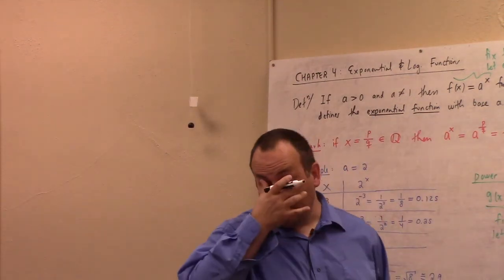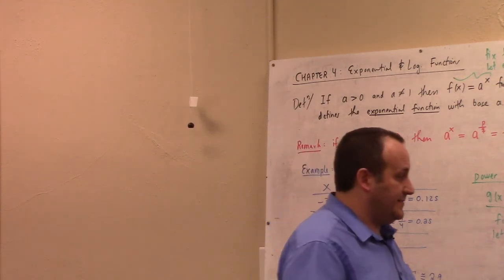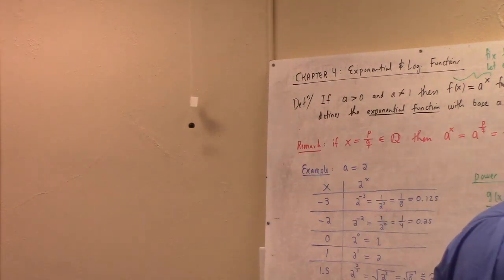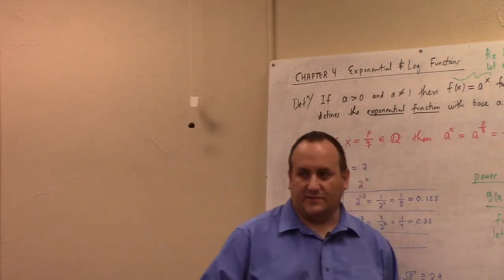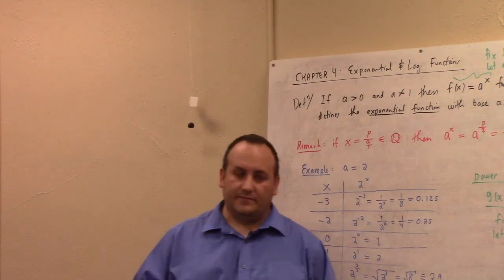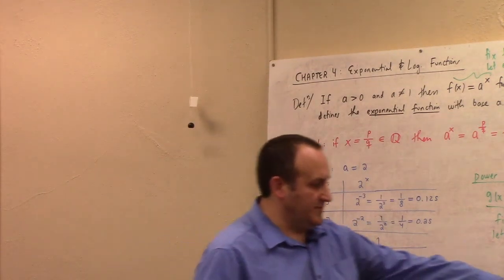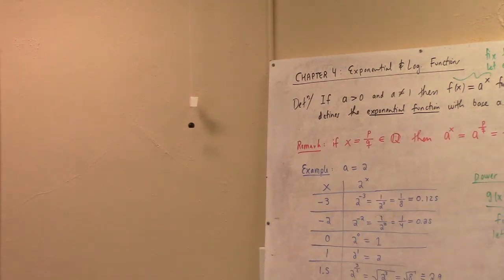Now the definition your book gives is rather different. Your book defines e as being equal to the limit as n goes to infinity of 1 plus 1 over n, to the n. But of course your book doesn't actually define limits, so this is just kind of a heuristic, right? Let's actually play with this formula for a minute and see how it gets us 2.71.